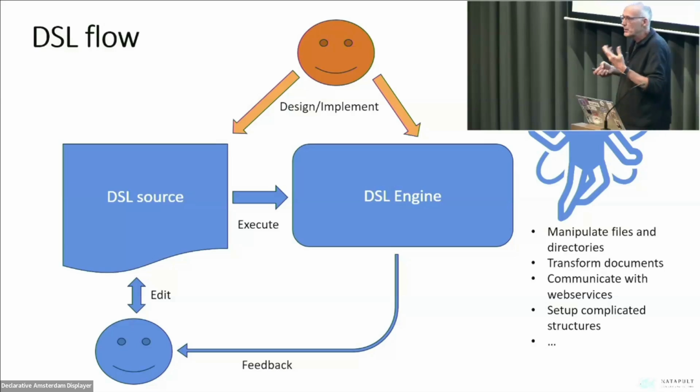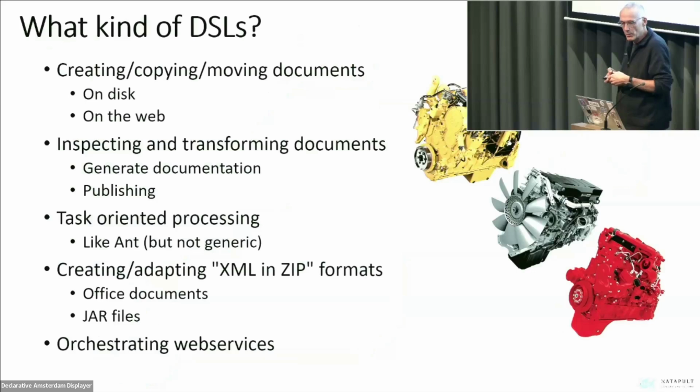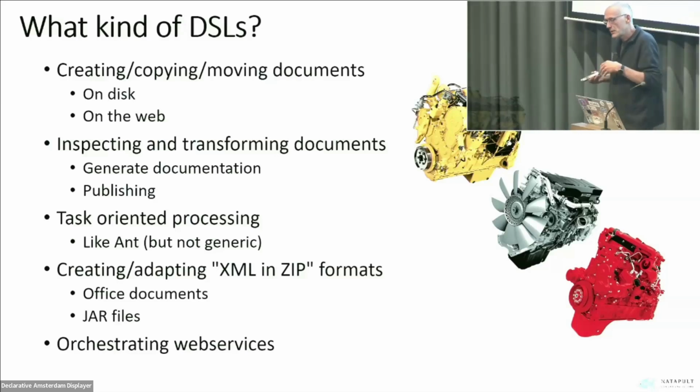Now, talking about DSLs that you can run on XProc, what kind of DSLs are we talking about? For instance, DSLs that do things like create and move documents, create complex structures on your disk. And I think there are enough examples for that in reality, or on the web. Inspecting and transforming documents, for instance, creating documentation or publishing documents.